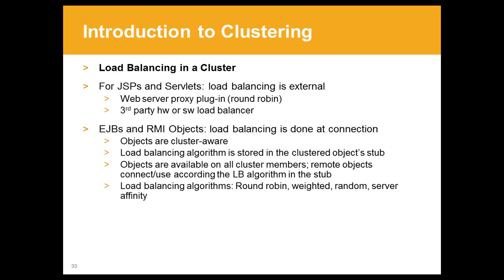So that is the hardware load balancer, and a software load balancer you can configure yourself. In that case, we will give the user the URL of your software load balancer. For a software load balancer, you can have Apache web server, iPlanet web server, or Oracle HTTP server.